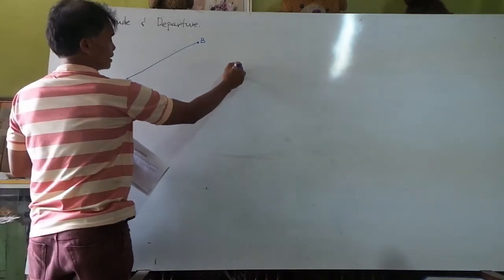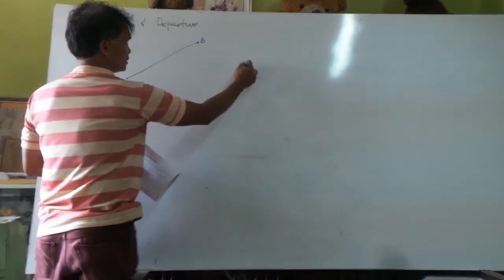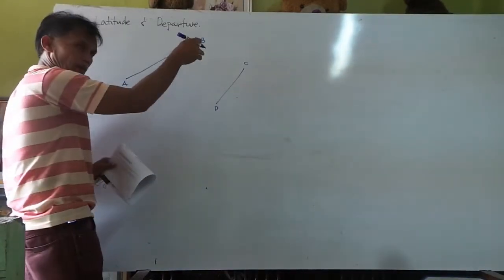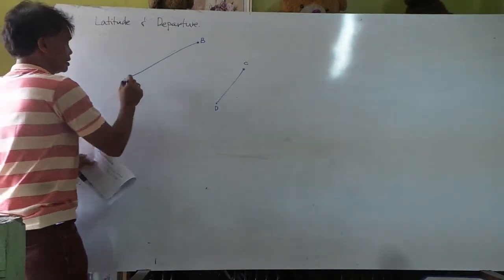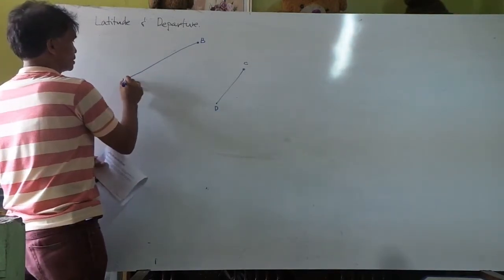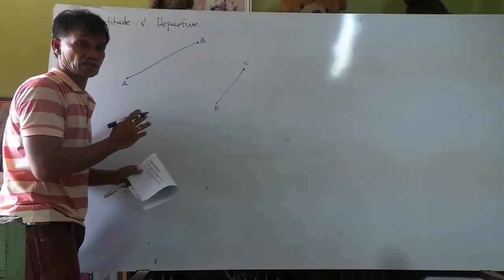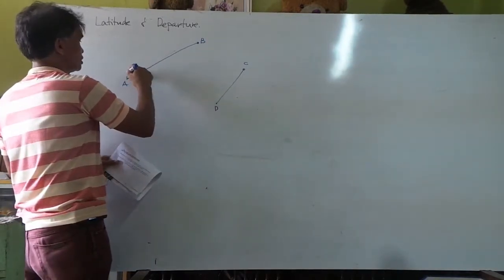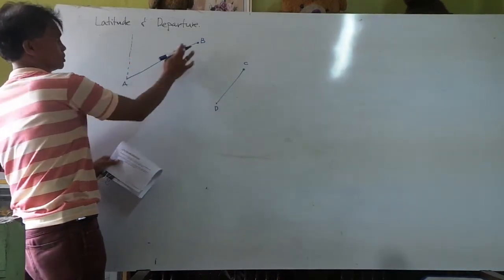Or if we have another line, shall we say line CD, we look at its projection. The projection of the line AB going to the north is a vertical projection, or what we call the latitude. A projection of a line going to the north is a latitude.